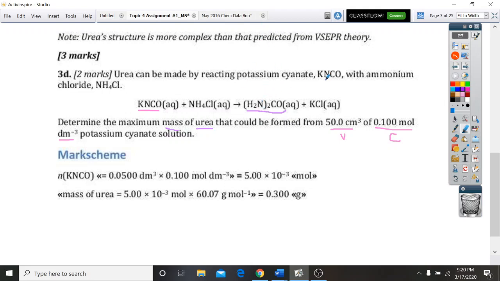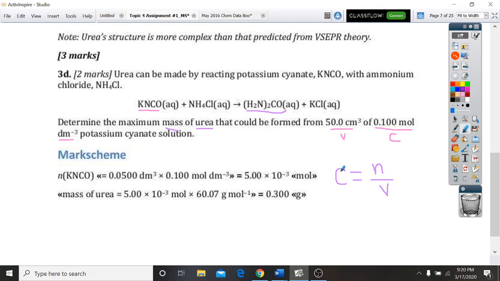Here's urea. So what do you always need when you're going from one reactant to another substance in the equation, whether it's a product or another reactant? In this case, it's a product. You always need mole ratio. So you're going to solve for C equals n over V. There we go.